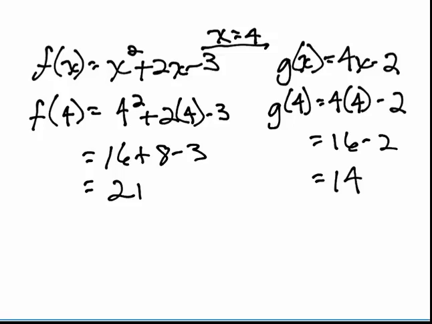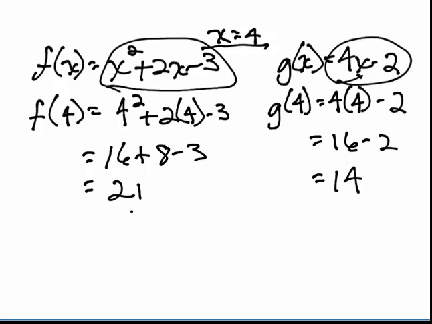When we say f of 4 equals 21, we are really saying that every time x is 4, the function f of 4 would be 21. The same thing would happen over here: when x is 4, g of 4, the function, would equal 14. We have our rules, and those are our equations.